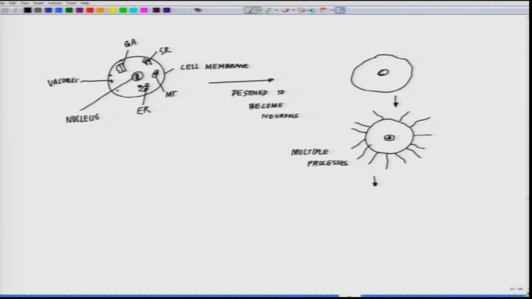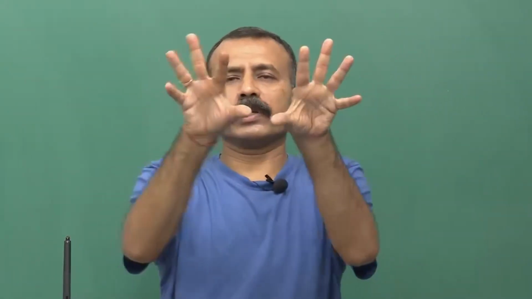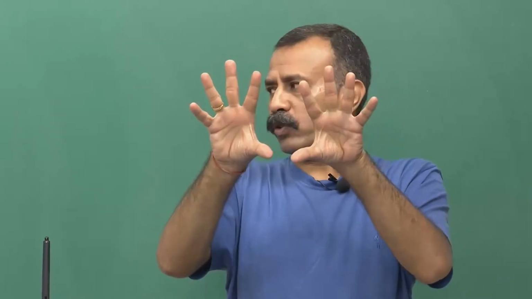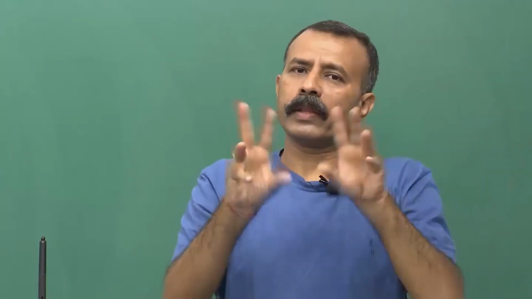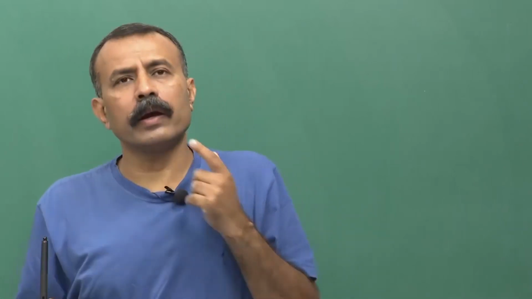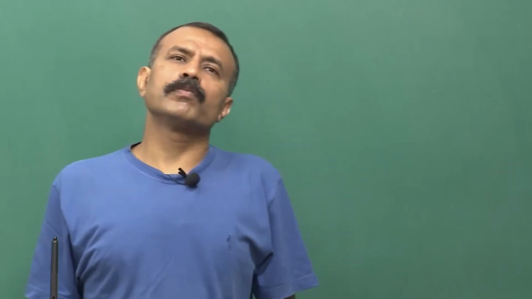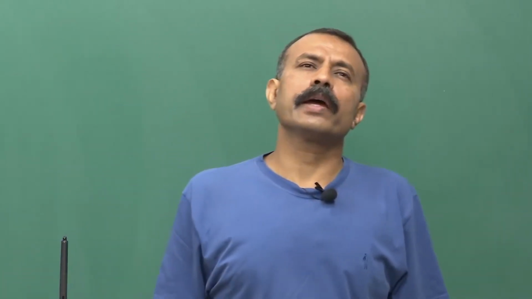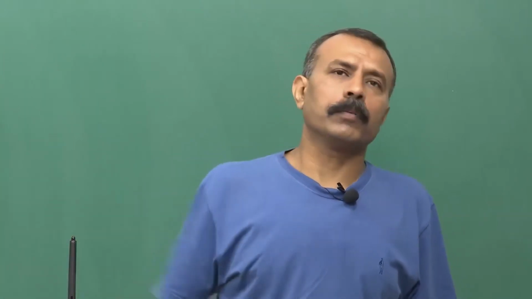Imagine all my fingers are those multiple processes, but one of them decides to grow longer and the rest will not grow. So, in other words, they develop some form of polarity. There is a polarization of one process which grows up.